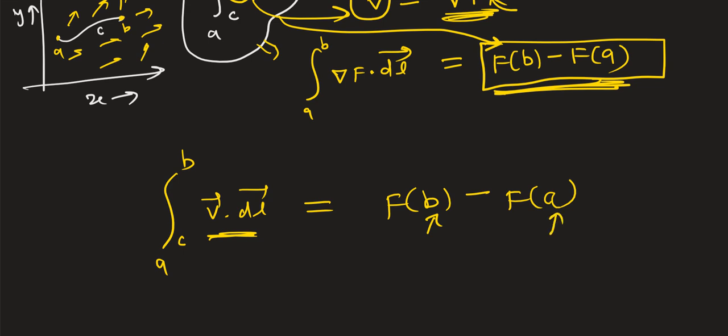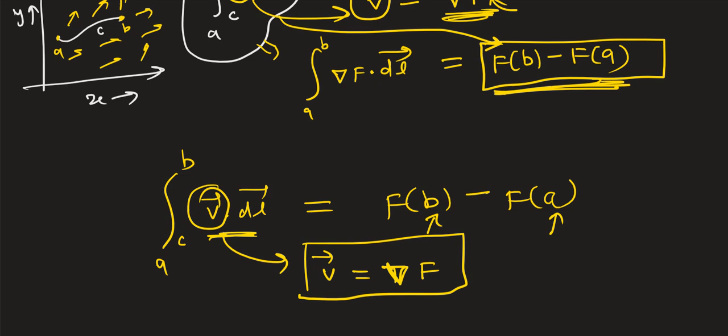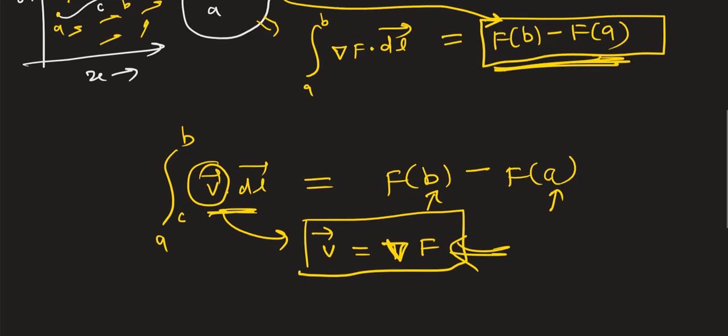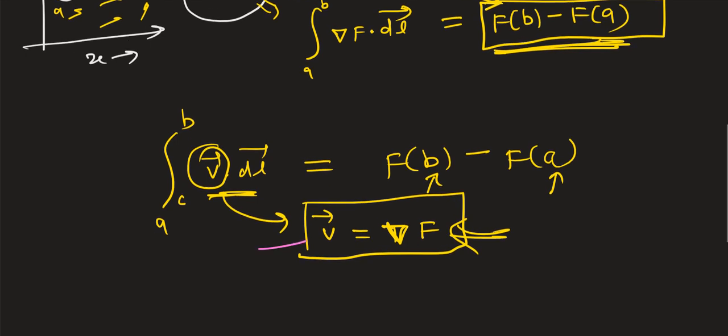I can write this only if I can represent this vector b as the gradient of some function f. If this condition is satisfied, then we call this vector b conservative.